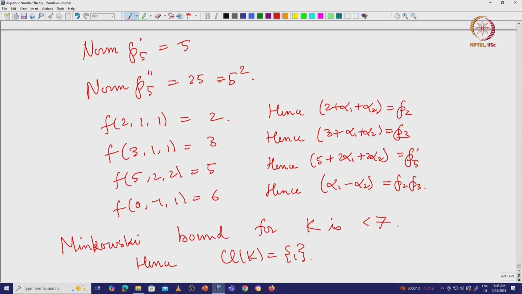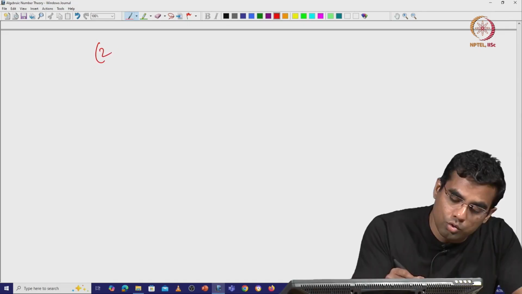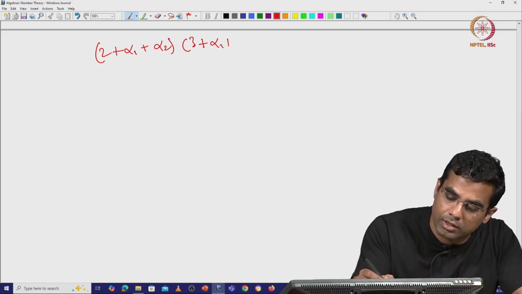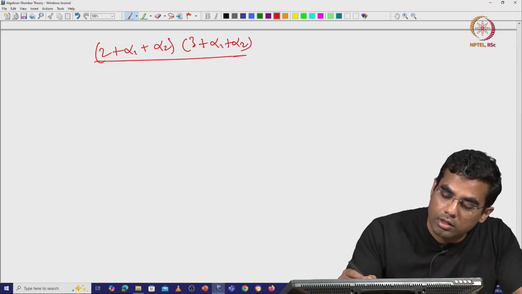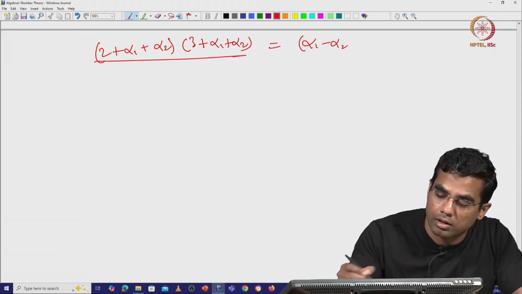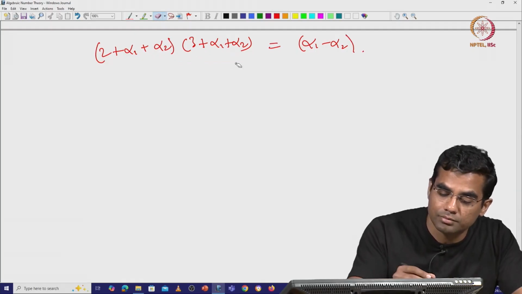Furthermore, what you get is the following. All these things are fine, but now there is a nice thing that comes out of all these calculations. The nice thing is that the ideal generated by 2 plus alpha 1 plus alpha 2 times 3 plus alpha 1 plus alpha 2 is equal to the ideal generated by alpha 1 minus alpha 2, right. So, it is equal to this ideal.